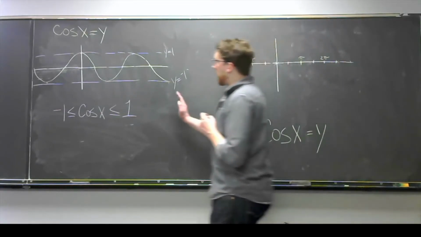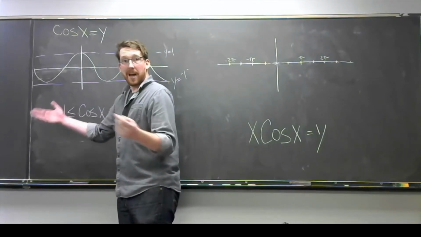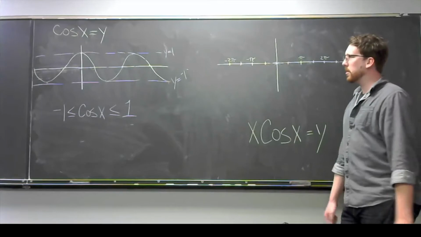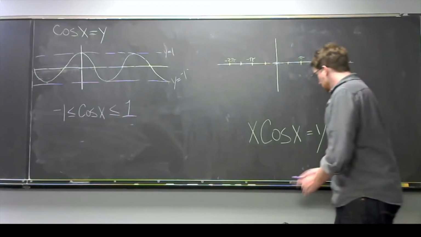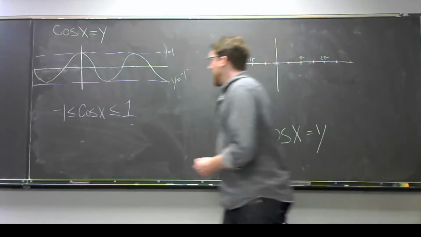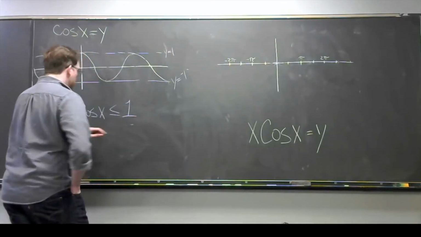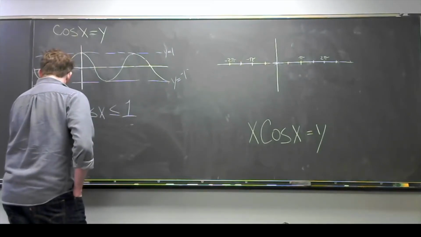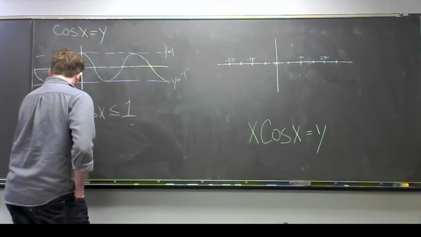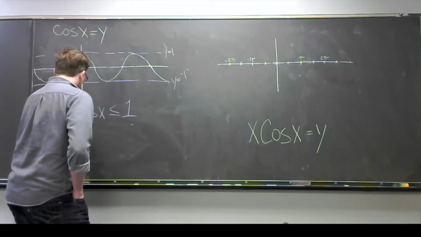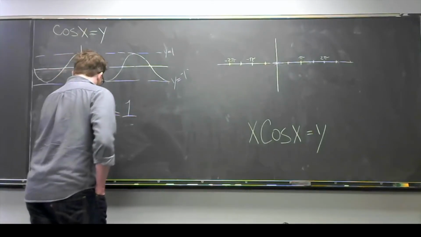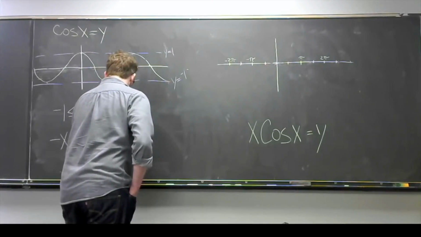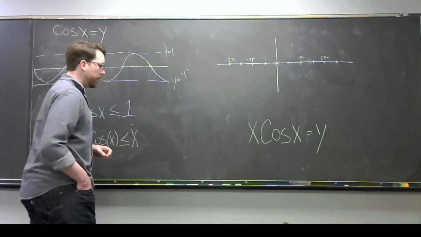And if I were to multiply all of this by x, wouldn't I get x times cosine of x in there? Yeah, right? So let's write that out. If we multiply all of this by x, what we're going to have is negative x less than or equal to x times the cosine of x less than or equal to x.